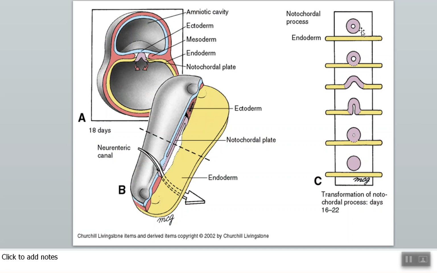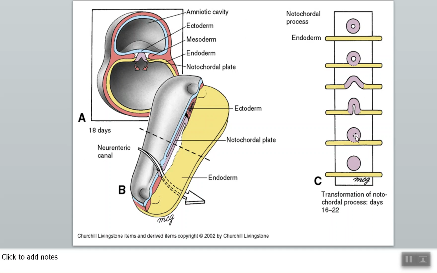During the formation of the notochord, you can see that first of all it is a narrow structure, and this narrow structure is first attached to the endoderm. The yellow color here is the endoderm, and after a short time the canal opens and makes a notochordal plate.